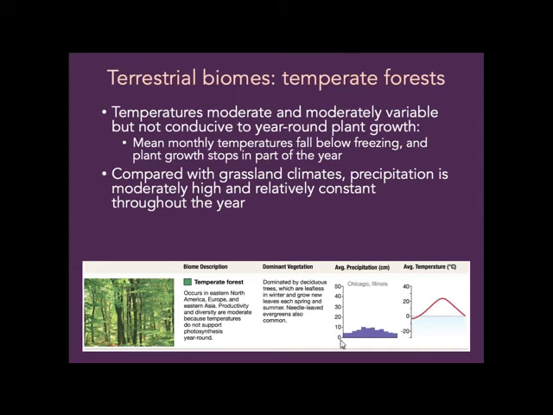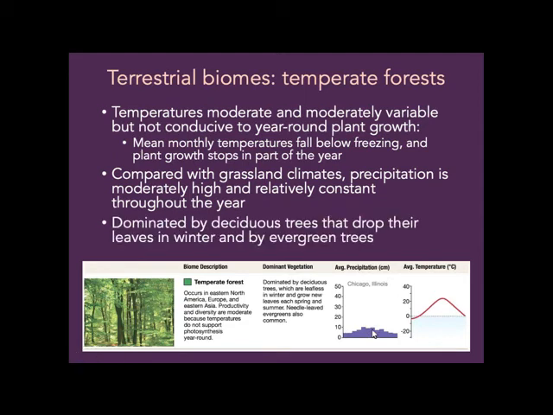And the precipitation compared to the grasslands is moderately high and relatively constant throughout the year, and so there's enough water to be able to support growing trees. And so the dominant form that you find in a temperate forest are deciduous trees, and these trees will drop their leaves in the winter. You also find evergreen trees like pines and stuff, and those are there year-round.